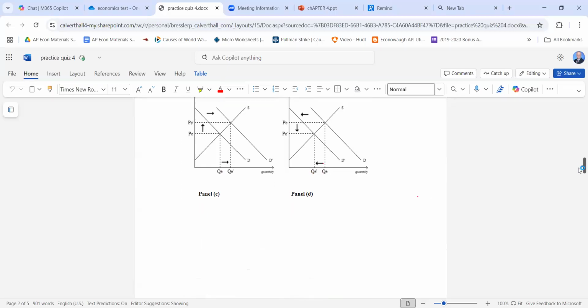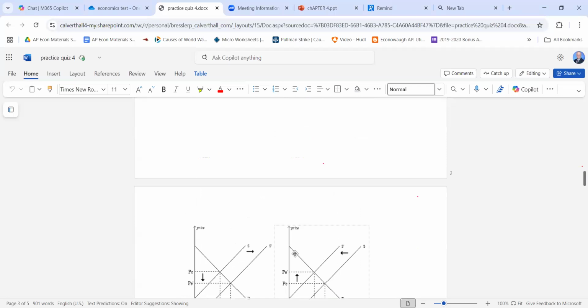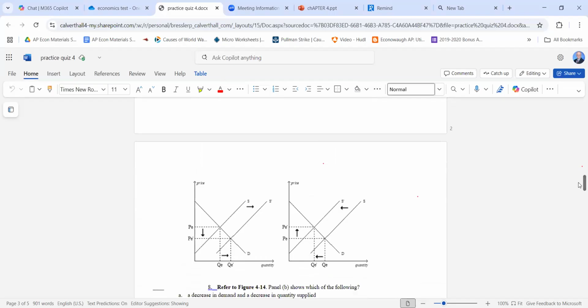We'll scroll down. When supply increases, which is the panel to the left, I got price down, quantity up. So price is indeterminate, but I know quantity is going to increase. So the answer would be price may increase, decrease, or remain unchanged.